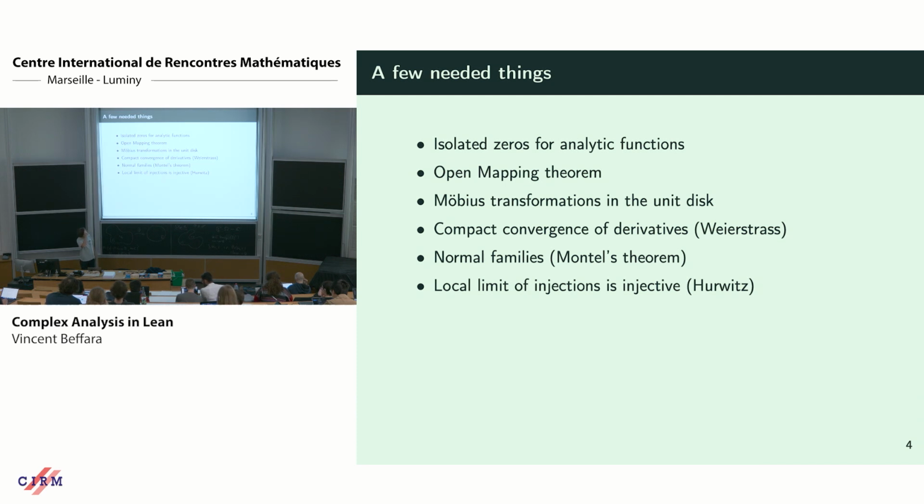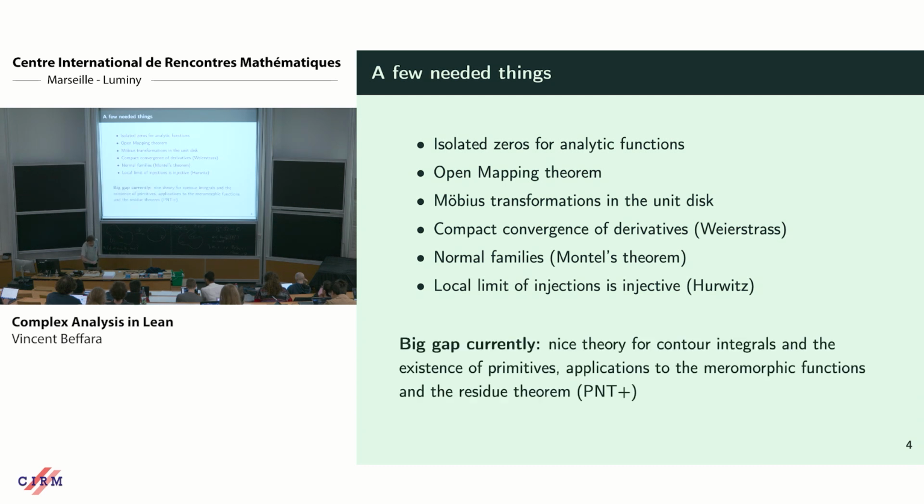And okay, so let's look at what this looks like in Lean. Essentially, that's what I had to formalize in order to have the basic blocks for the proof. The big gap, the one thing that is missing, is the link between existence of primitives and simple connectivity of the domain.